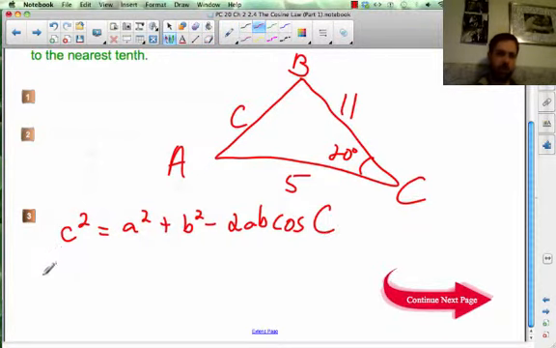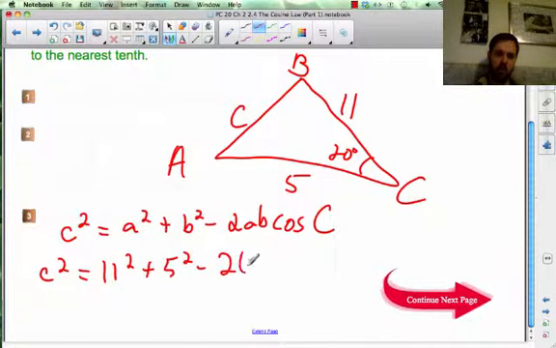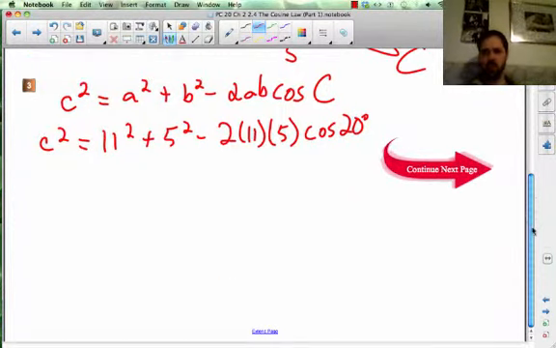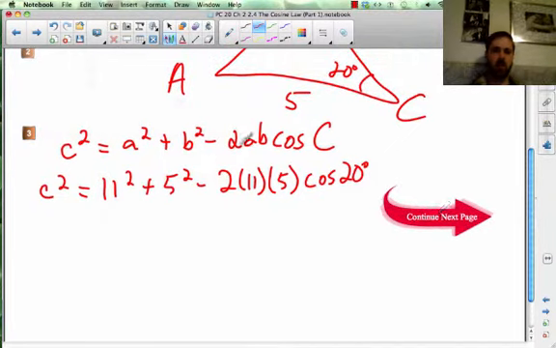So cos C. So c squared equals 11 squared plus 5 squared minus 2 times 11 times 5 cos 20. Now be careful with your order of operations here, because I've seen a lot of mistakes where the equation is set up perfectly and then the order of operations totally ruins you.